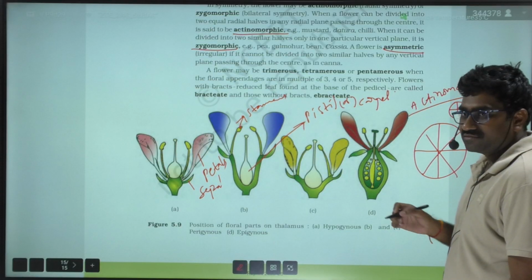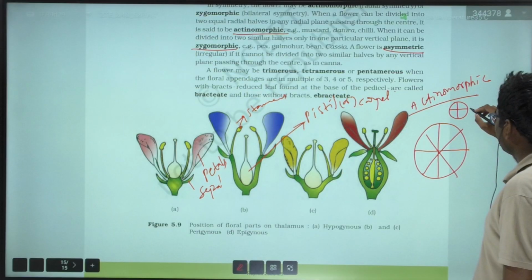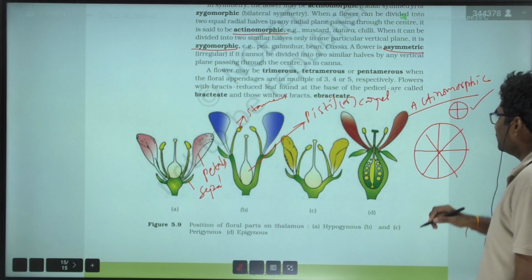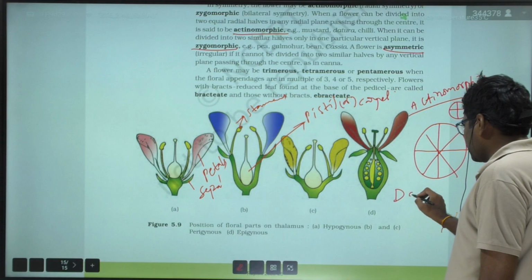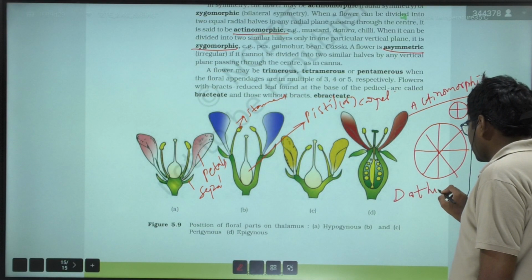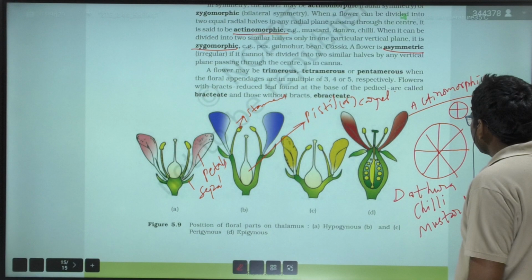We have to draw a plus and encircle it. That is the symbol of an actinomorphic flower. Examples for actinomorphic flowers are datura, chili, and mustard.